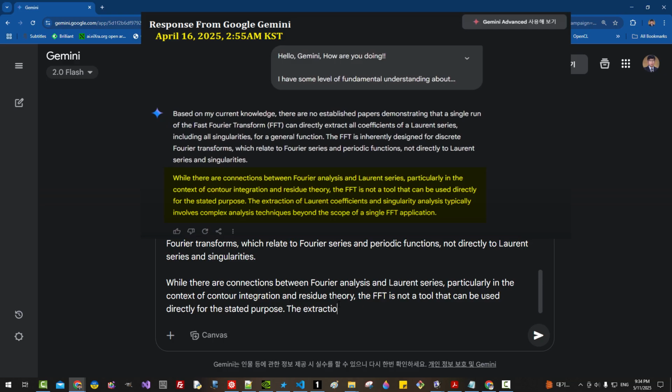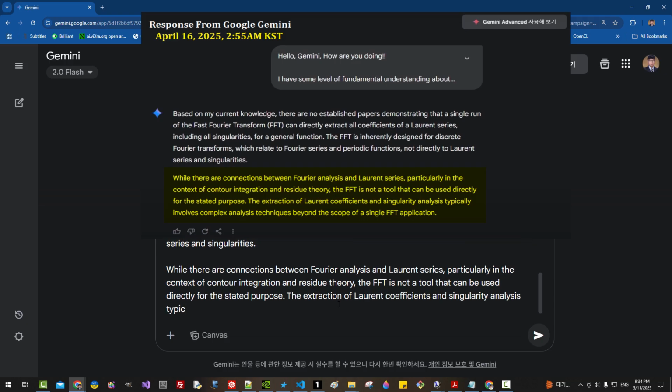The extraction of Laurent coefficients and singularity analysis typically involves complex analysis technique beyond the scope of a single FFT application.